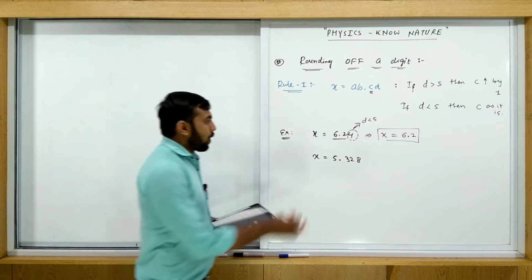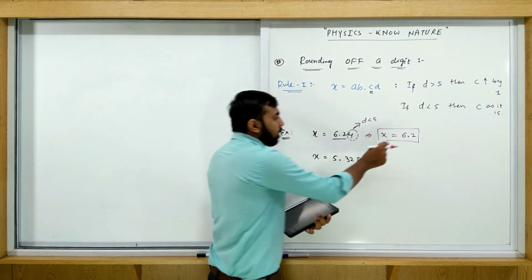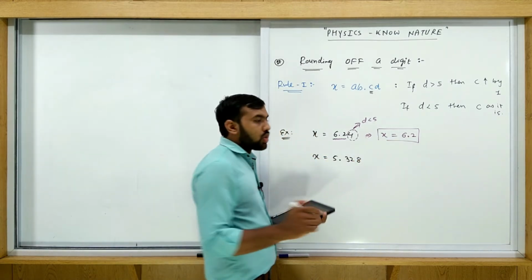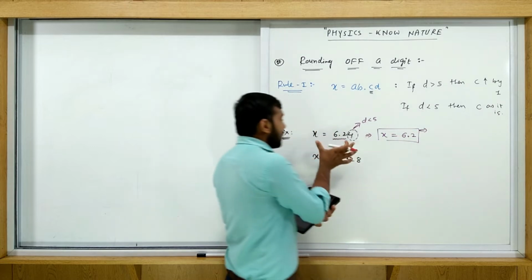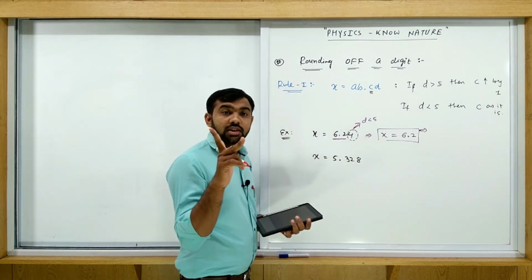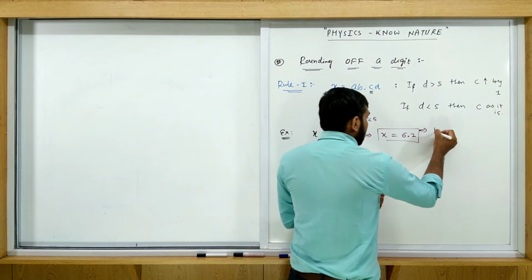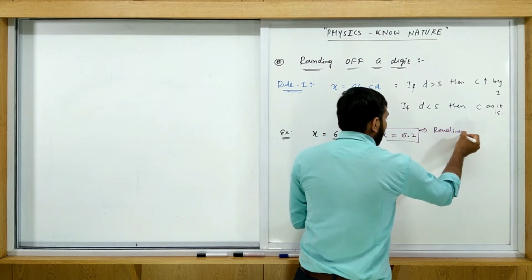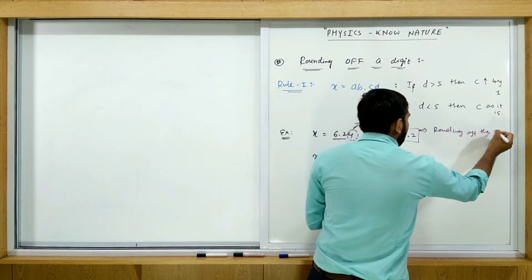Do you understand? Now how many digits are here? 1, 2, 3. But how many significant digits? Only 2. So here we round off this number up to 2 significant digits.